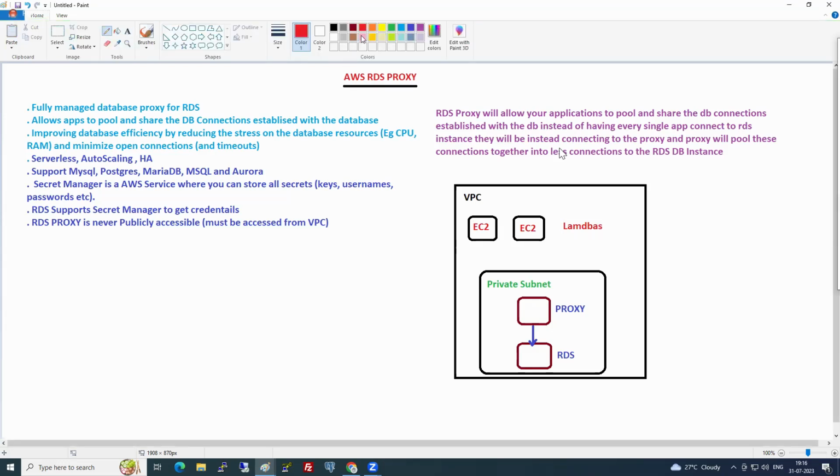And what does it do? Each and every connection. So we have so many connections. It will connect them and go through only like this. By seeing this, you can easily understand.